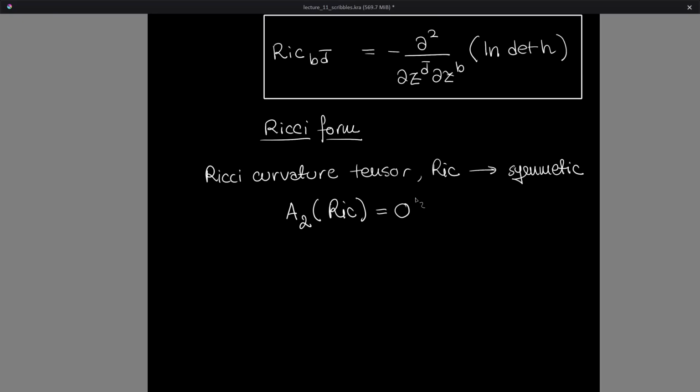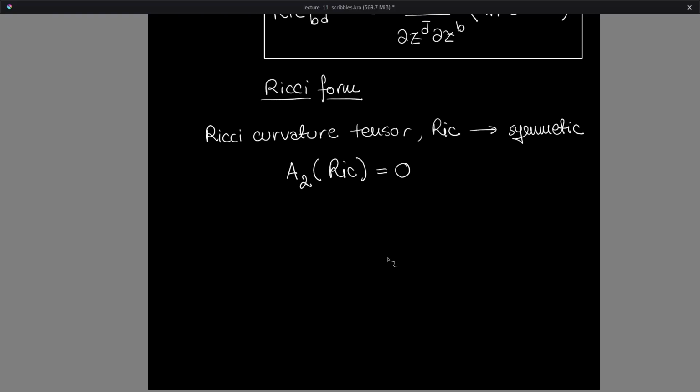So since the second order alternating map of this tensor is 0, how can we construct a form out of the Ricci tensor? We instead employ a different method.